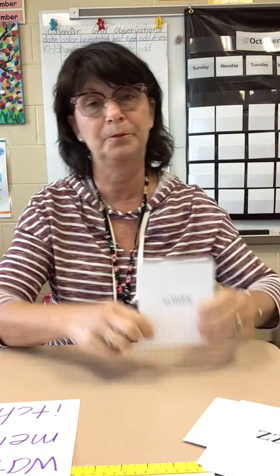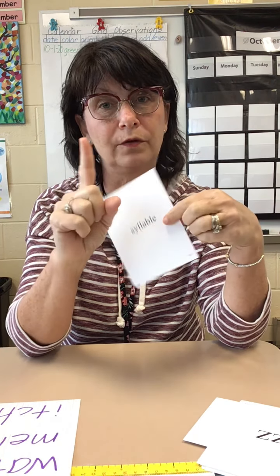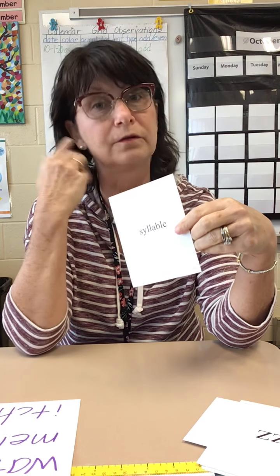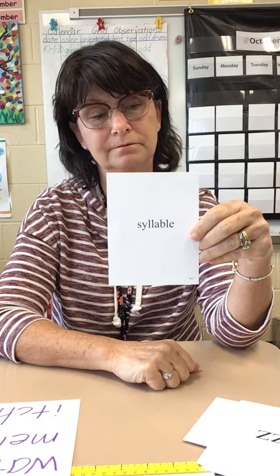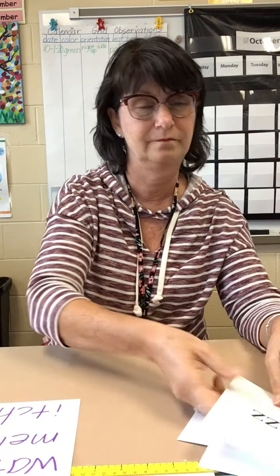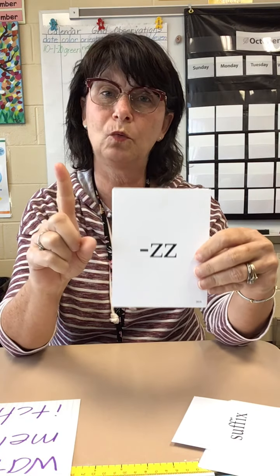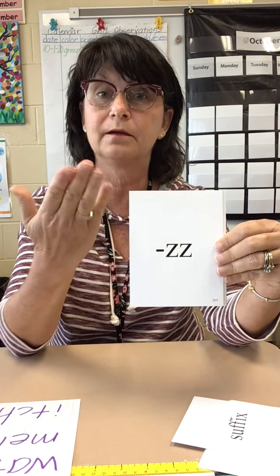Okay, here we go. A syllable is a word or part of a word with only one vowel sound. At the end of a one-syllable word after one short vowel, z is spelled ZZ.